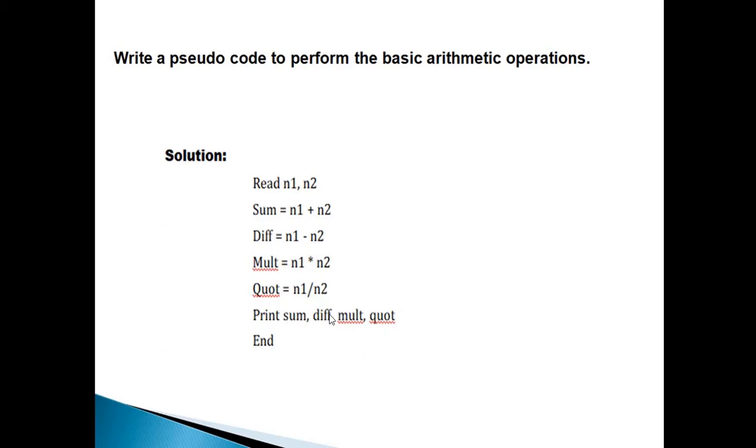All these values are printed on the screen, and this is the end. So this is called a pseudocode. It is like English-like language. Here we use just words. Read is a word, sum is a word, difference is a word, multiplication is a word, print is a word, quotient is a word, end is a word. So this is the example for the pseudocode.